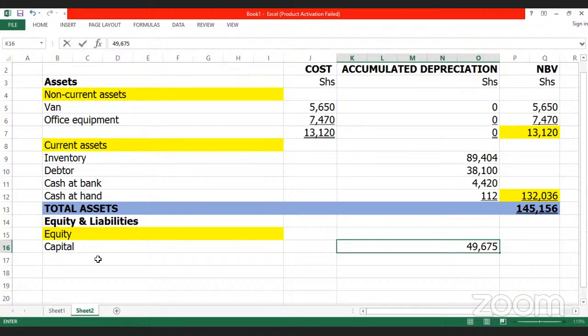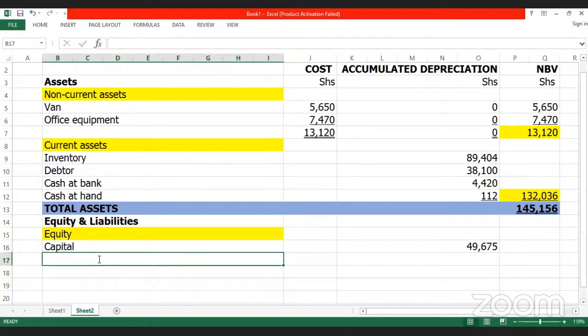Then on that capital, we have to add the net profit, because this business made a profit. The profit from the other statement, right? How much is the profit? 97,781.